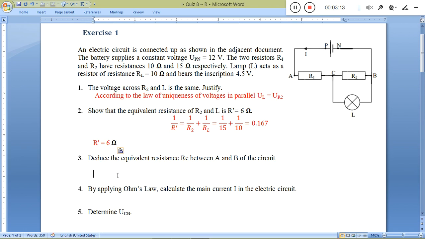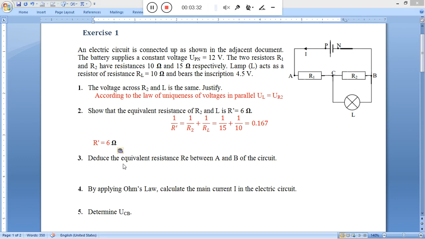Now deduce the equivalent resistance RE between A and B. This means that we need to calculate the total equivalent resistance of the circuit. The equivalent of these two resistors is called R prime. They are connected in series, R1 and R prime.